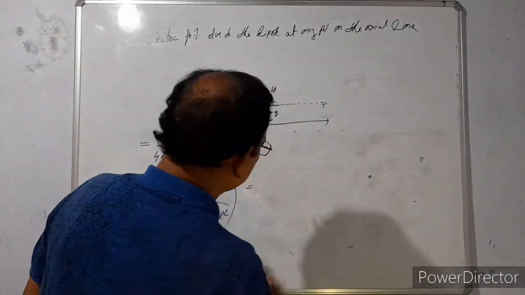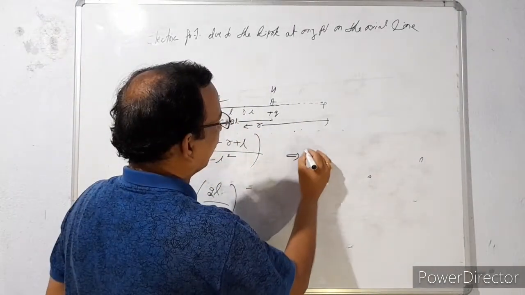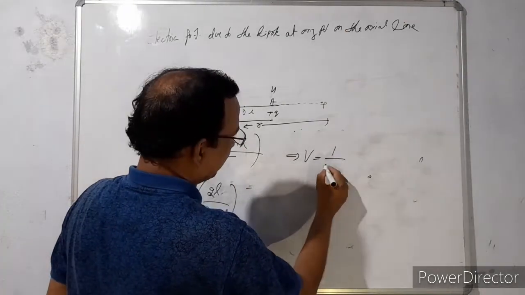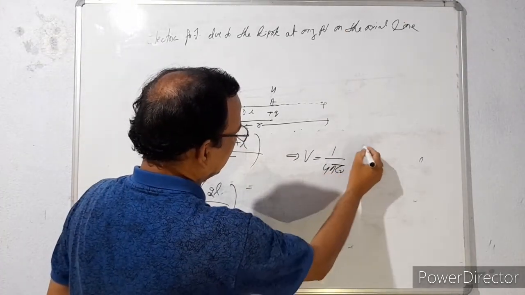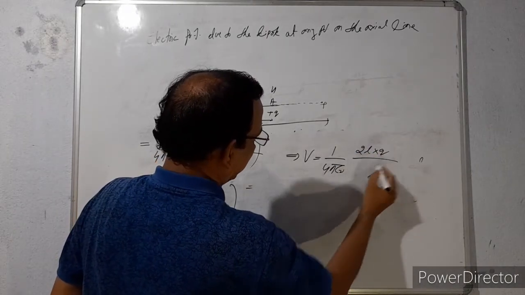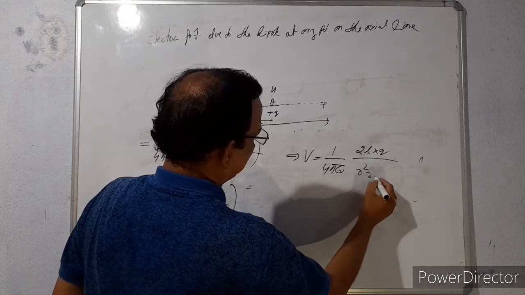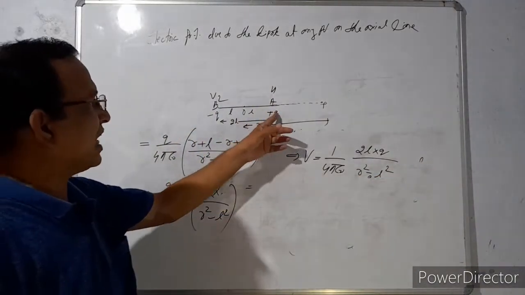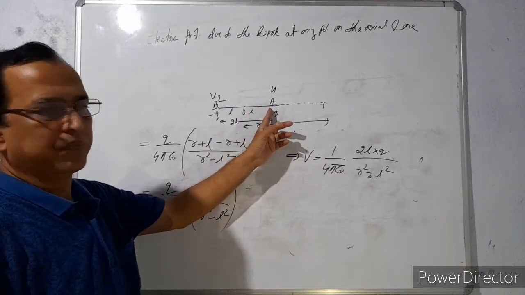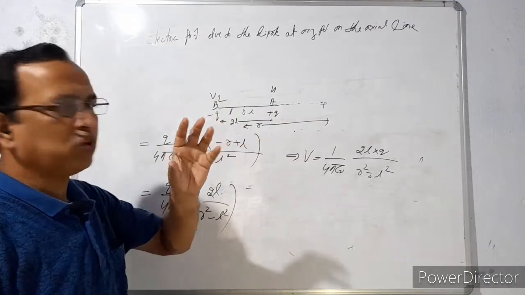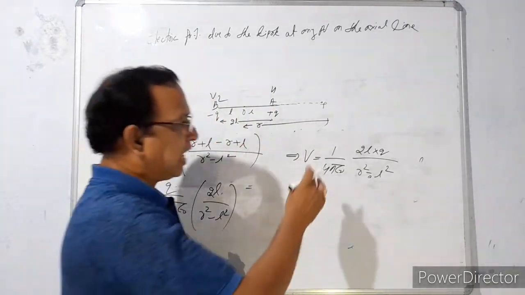So this implies V is equal to 1 by 4 pi epsilon naught times 2L into Q by R square minus L square. 2LQ, the product of charge and the distance between the two charges, is equal to the dipole moment.